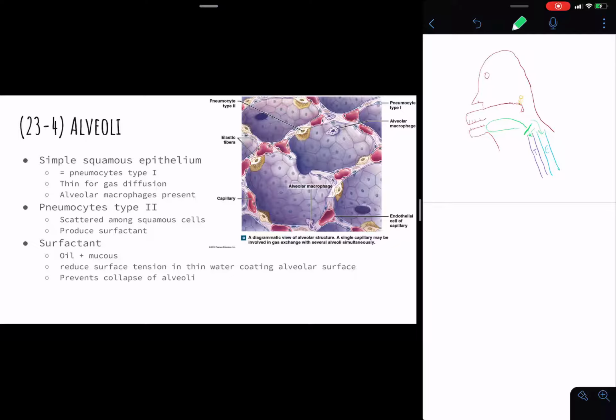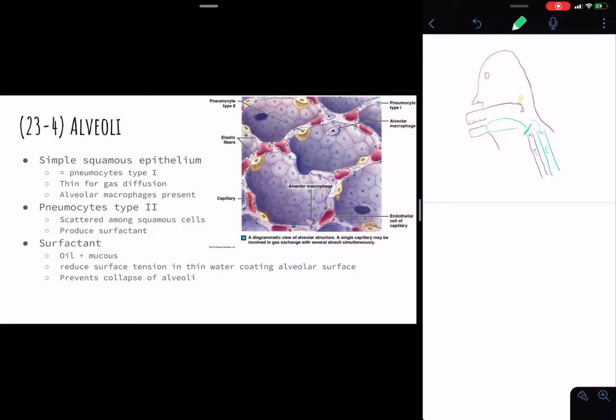And once you finally get it to expand, then it's really easy to get more air in and then finally tie it off. The same thing can be thought of with the alveoli. If you have really floppy alveoli and they're just squished and they've never been opened, or maybe previously they've been opened, but they're entirely flat, it's going to take a lot of pressure, a lot of effort in order to actually get that air into that alveoli.